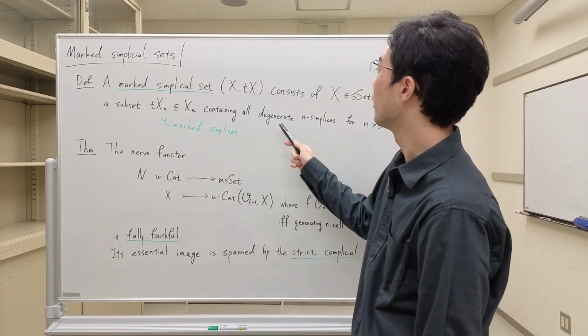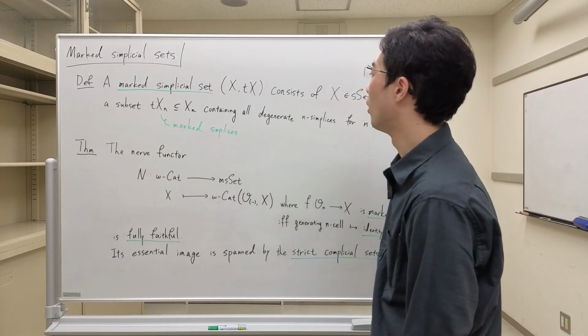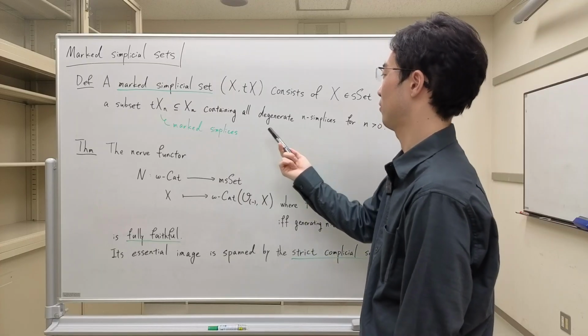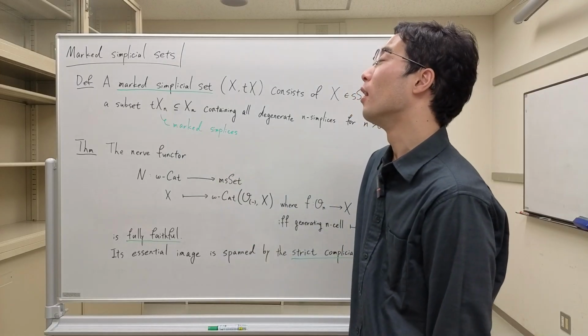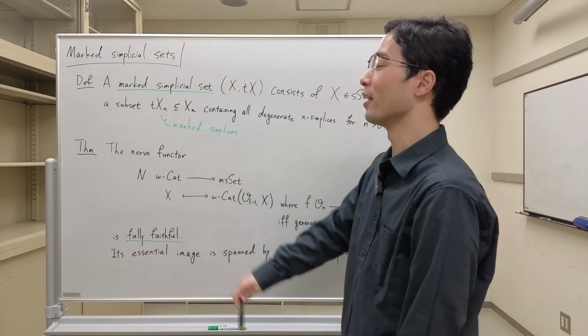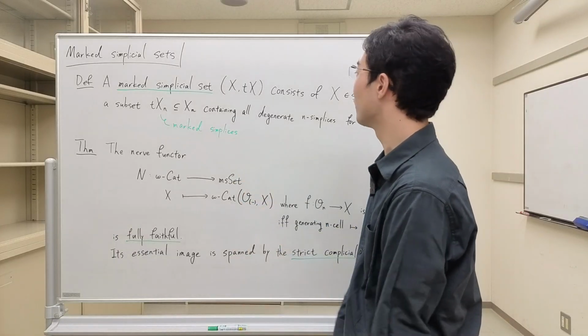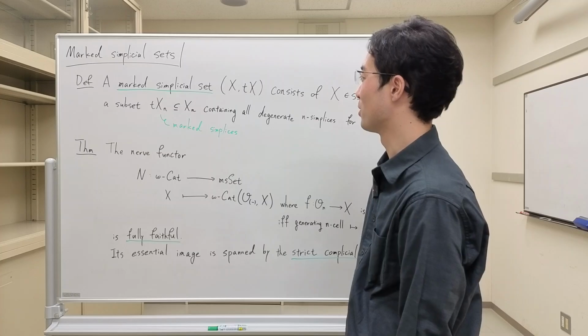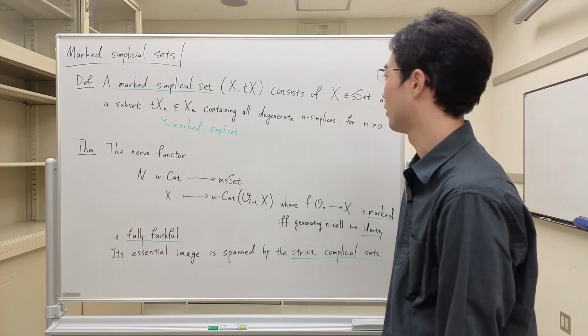And we are asking that all degenerate simplices be marked because, at least in the nerve of an omega category, the way you degenerate a simplex is you take a lower dimensional thing and you take the identity of that lower dimensional cell.